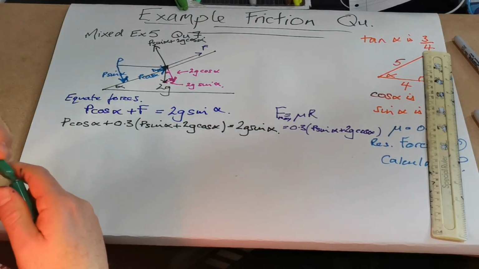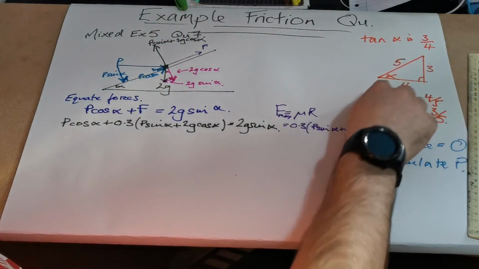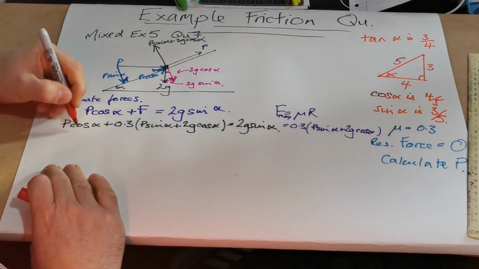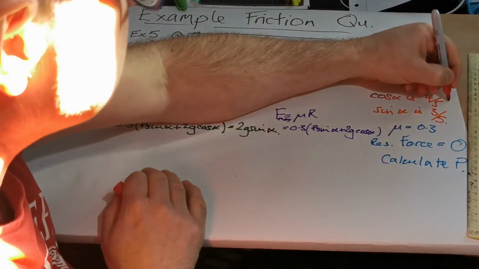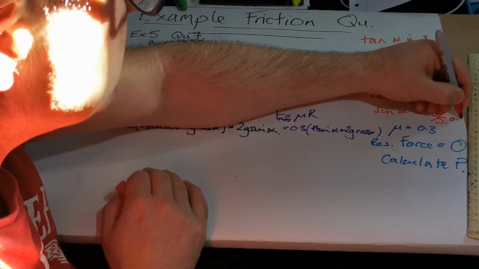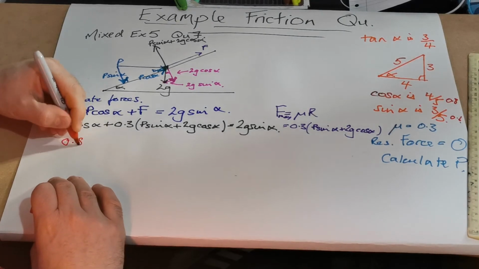Okay. Now, at this point, I'm going to bring these bits in. So I've got P cos alpha, that's 4/5, and I'm going to change these to decimals. I think it might make it just a little bit easier: 0.8 and 0.6.